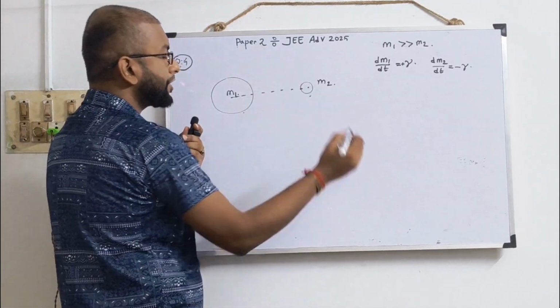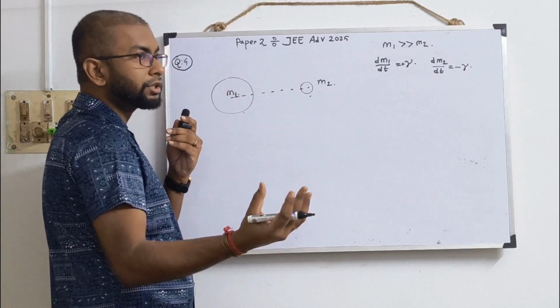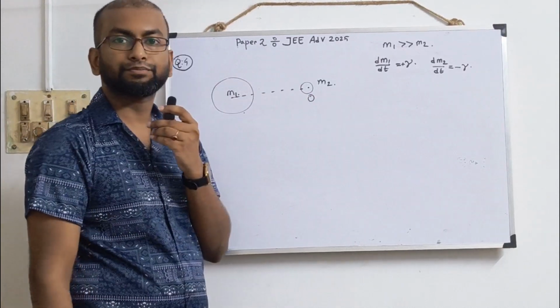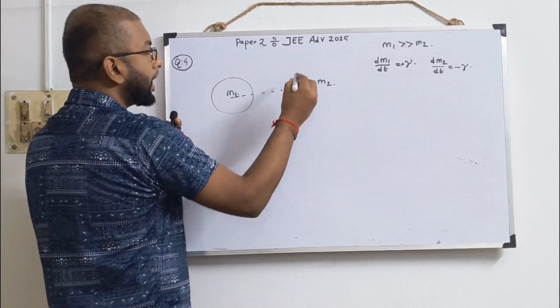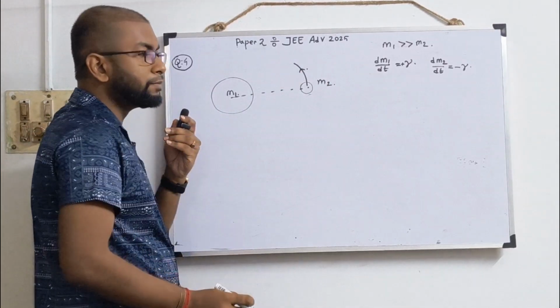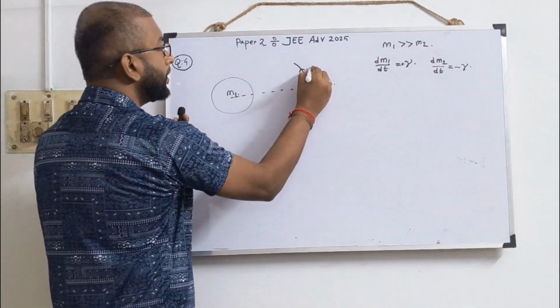But for this m2 mass, it is light mass and it is losing mass also, so it is more visible compared to m1 mass. So let us assume that at any instant the revolving speed of m2 with respect to m1 is v.